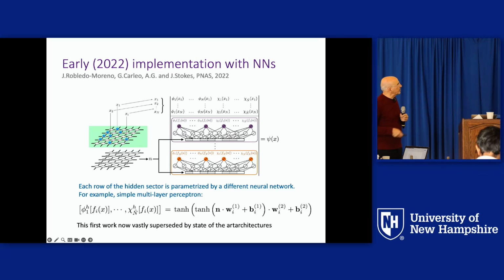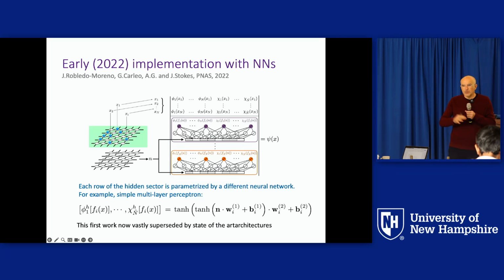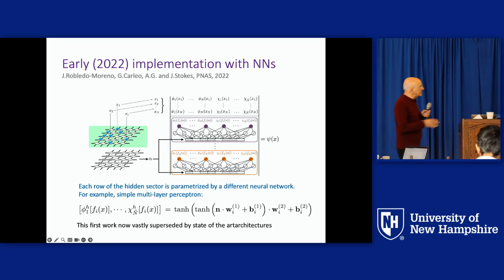So that's what we did originally, as you will see, and we did it with extremely simplistic architectures for the neural net, namely just a couple of layers of perceptrons. As you will see in the following of the talk, we've switched to a much more state-of-the-art architecture, and we also do a slightly different parametrization of the wave function when we turn to Pfaffians, but this is the general idea.